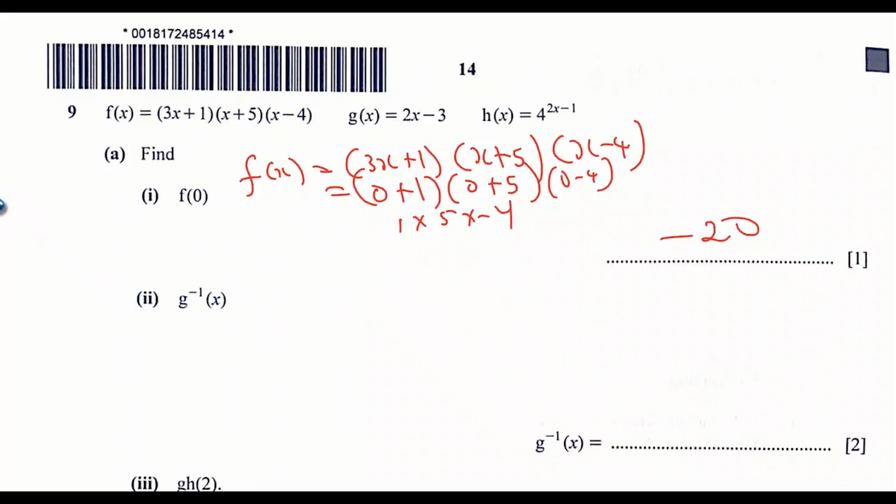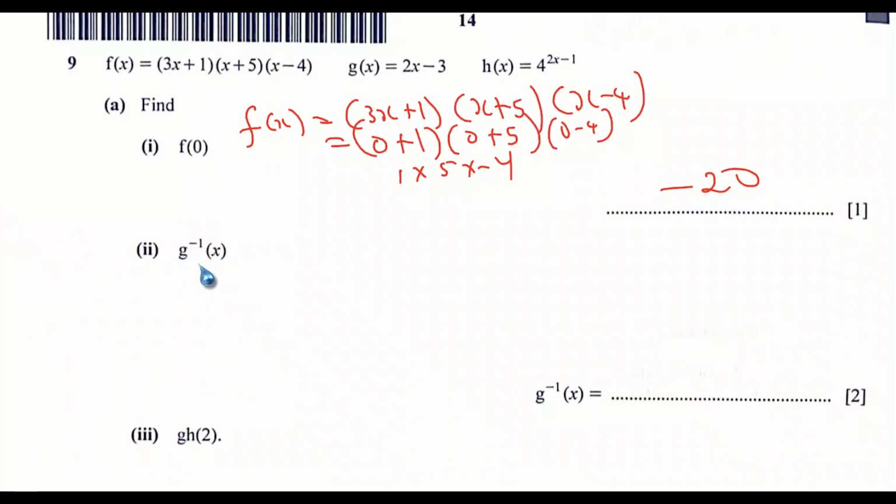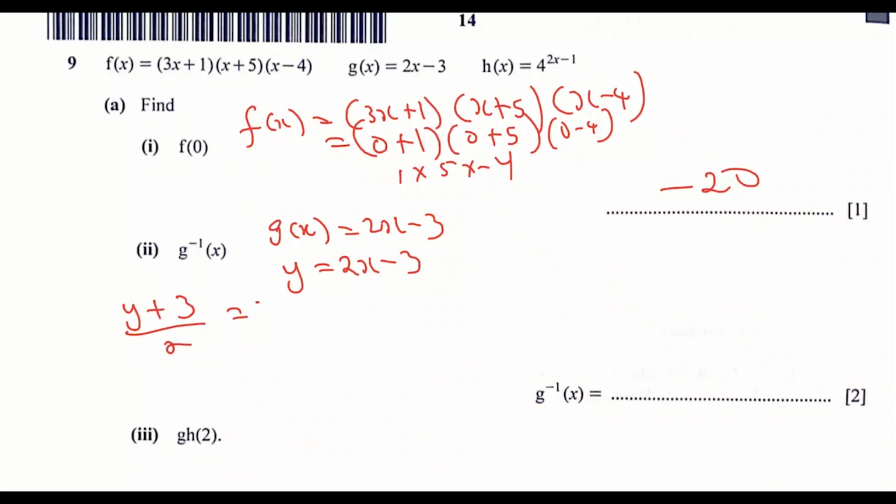So Roman figure 2, we have to find the inverse of g of x. So we already know that g of x is equal to 2x minus 3. So let's replace g of x with y. So that means we have y equals 2x minus 3. Let's make x the subject of the formula. So if you do that, we're going to get y plus 3, everything divided by 2, to be equal to x.